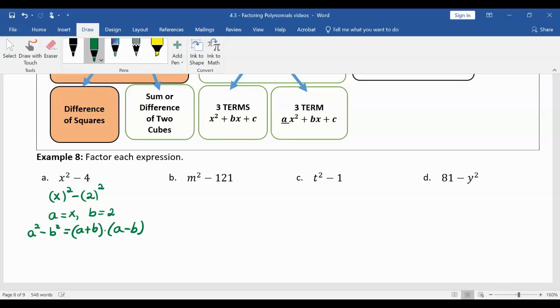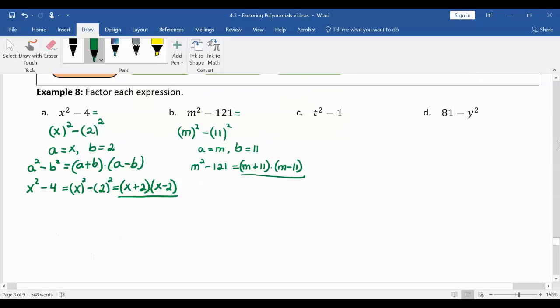This is the formula we're trying to use. So since we have x squared minus 2 squared, our factored form is: x squared minus 4 equals x squared minus 2 squared equals x plus 2 times x minus 2.